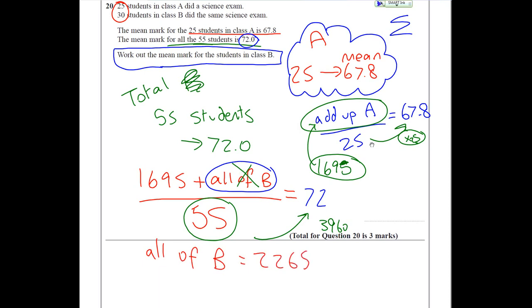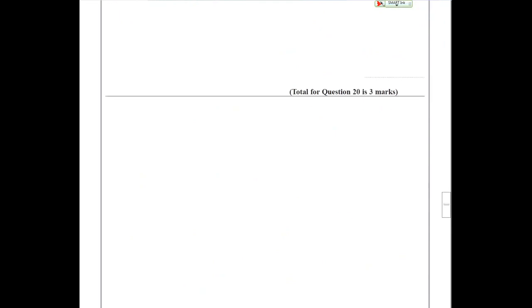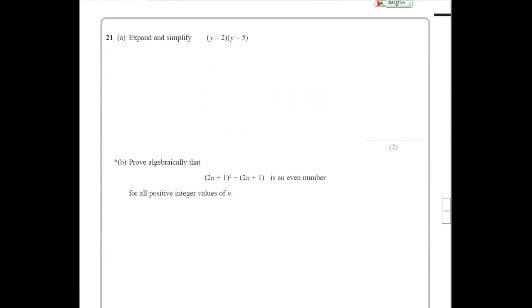If we want the average, or the mean, we have to divide by how many there are, so we divide by how many students in class B, which is 30. On your calculator, divide that answer by 30, and you get 75.5 as your answer. Bit of a tricky one. For notation, you could use the sum of A for this, but I was just explaining the formula in words, so hopefully you can follow more clearly what's going on.